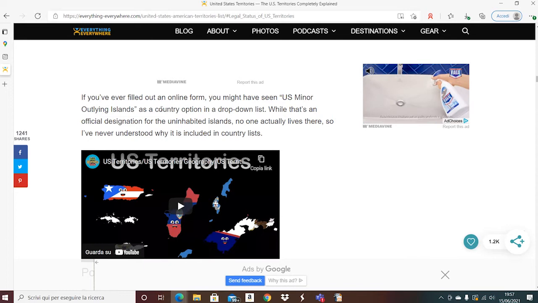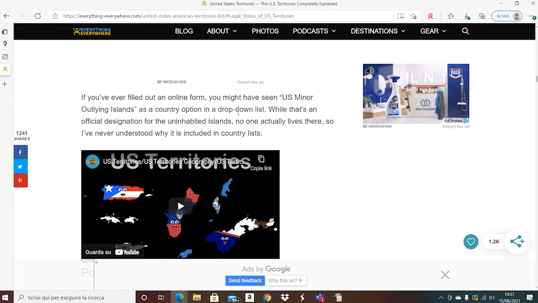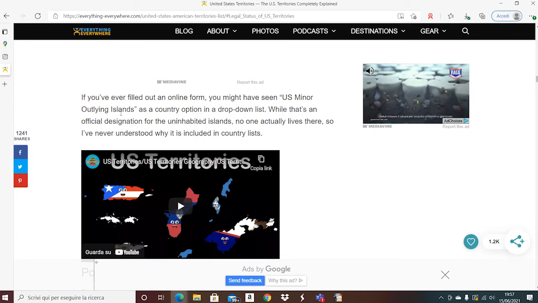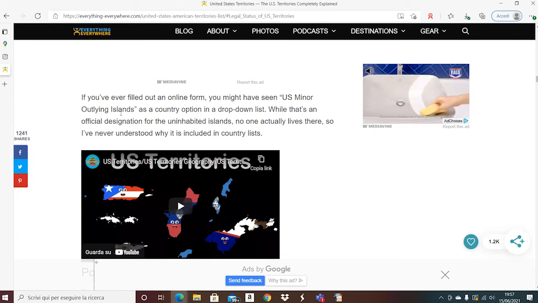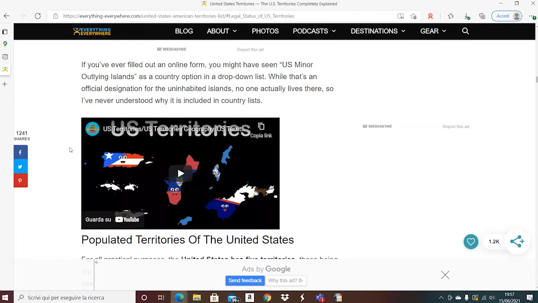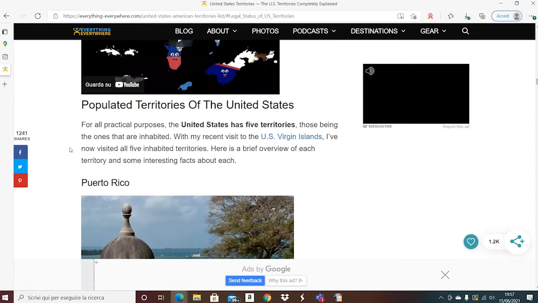No, I just said that's interesting. But even though in the minor outlying islands there's not even one inhabitant, there's still this option. Quite interesting.